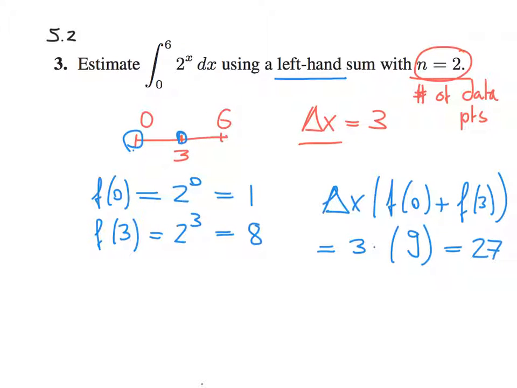So if you wanted to compute the right-hand sum too, well then of course your first data point would be f of 3 and your second data point would be f of 6.